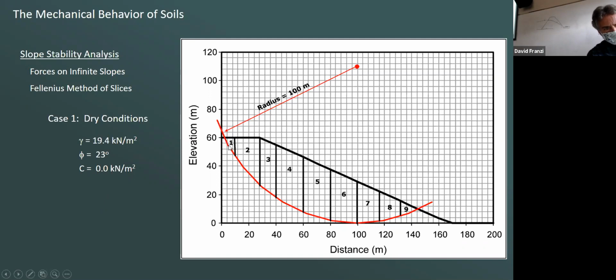Now, for this first slice, this is really a triangle. The side here is 0 thickness, and at the other end over here, it's, well, let's see, 4, 8, about 12 meters high. Okay, so the average height would be 6. What's the area of the triangle? 1/2 the base times the height.